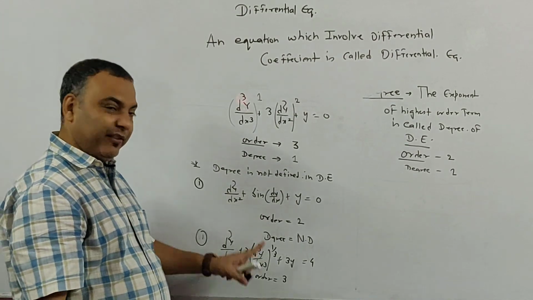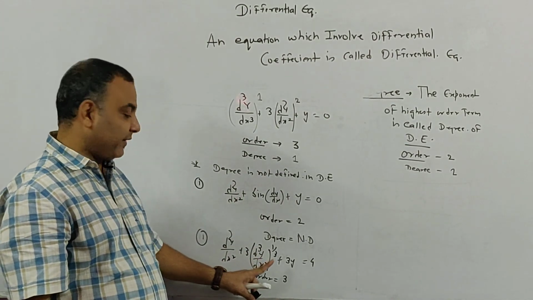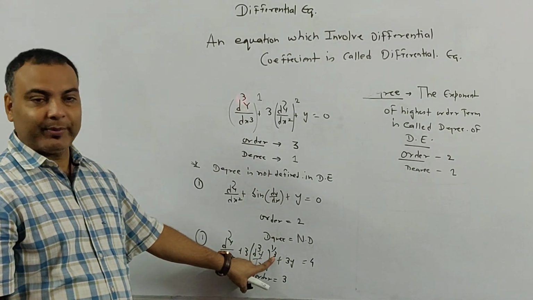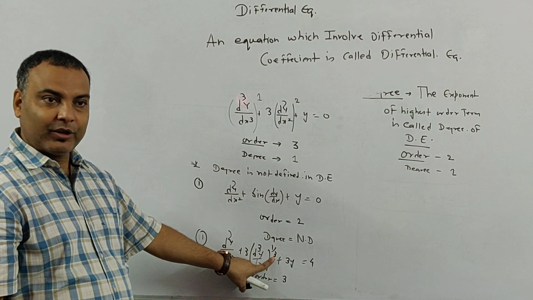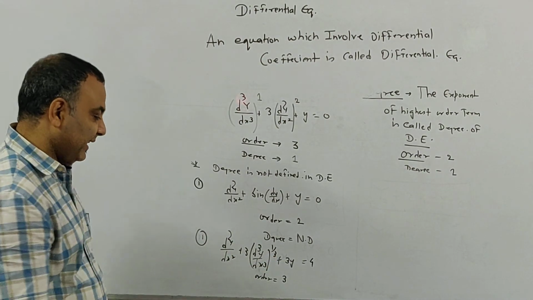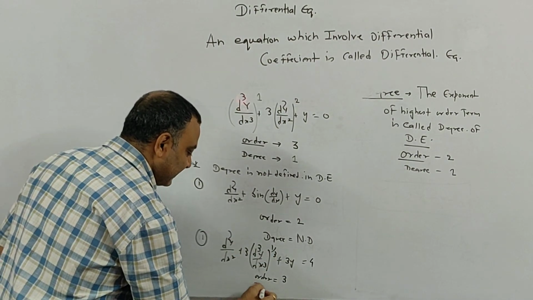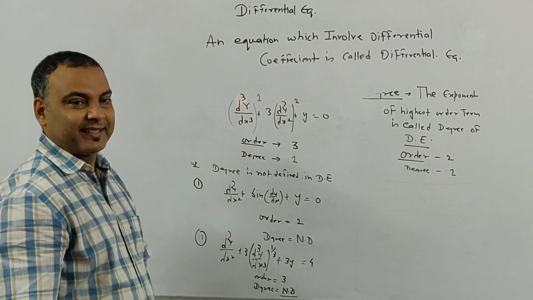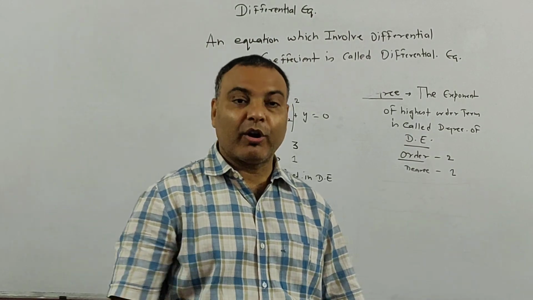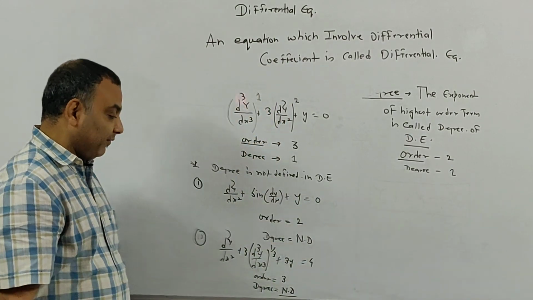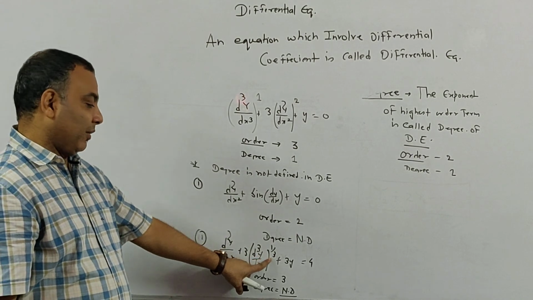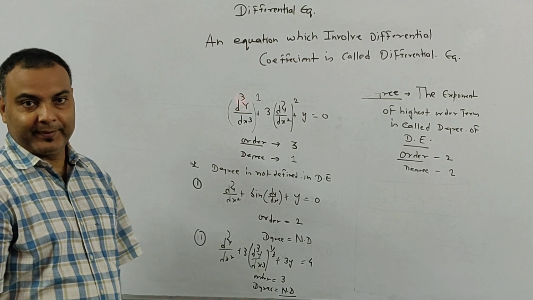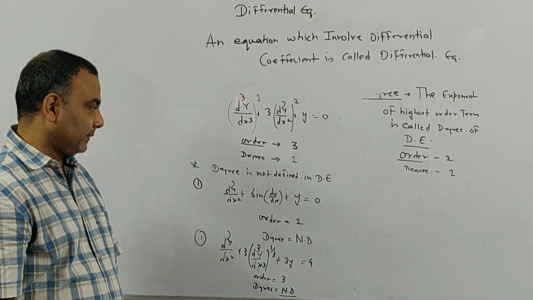But if we talk about the degree of this differential equation, the power here is in rational form, that is 1 by 3. Got it? So the degree here is not defined because a rational number is given as the power of the highest order derivative term. That's why degree is not defined here. Okay.